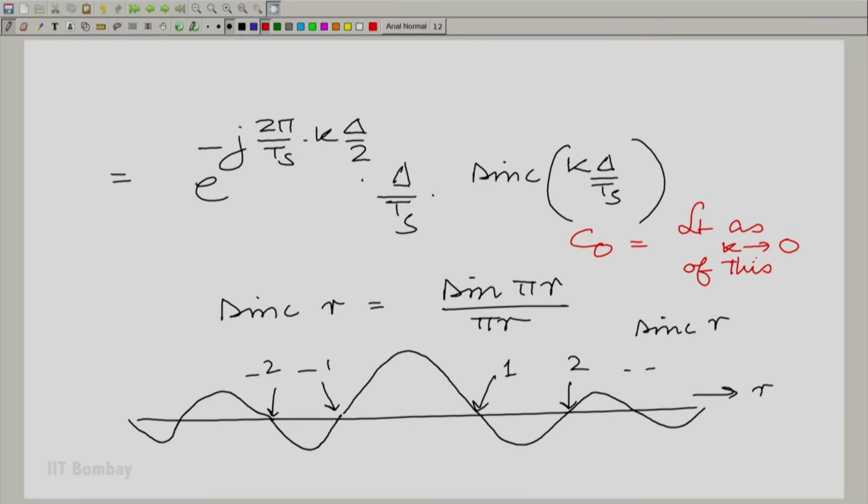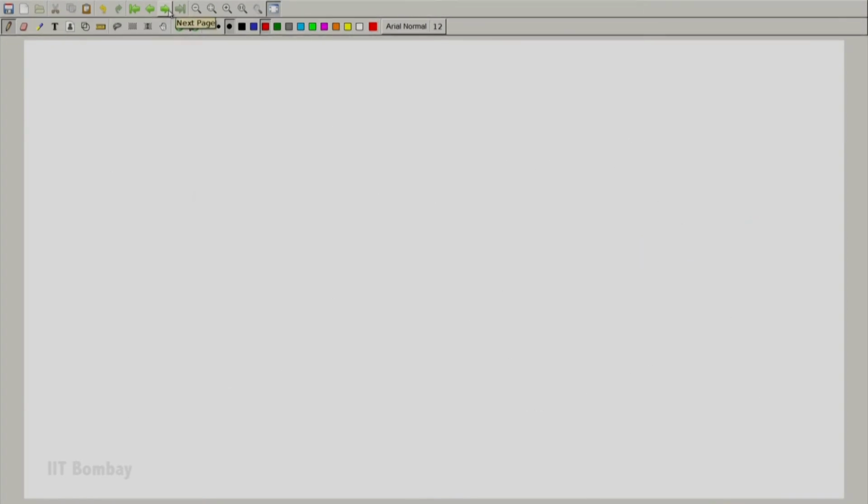But observe this carefully. C0 would come here, and if delta by Ts is very small, as is the case with ideal sampling, that is why in ideal sampling you also had a factor of 1 by delta, that is why this delta went away. In ideal sampling you would essentially be taking samples very closely around 0. So, let me zoom in and explain what I am trying to say.